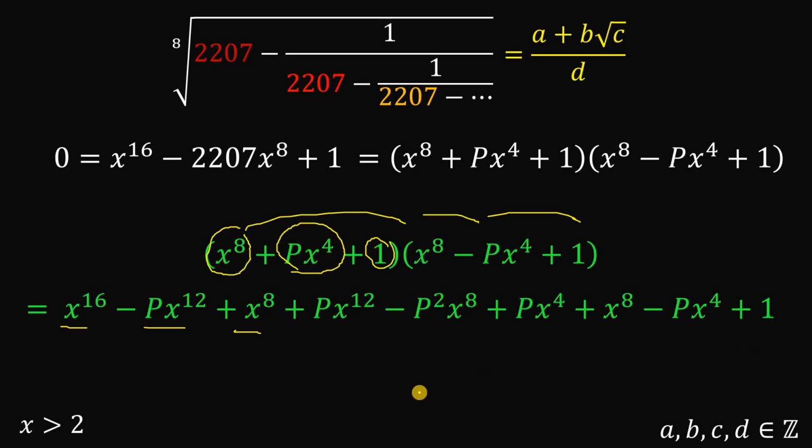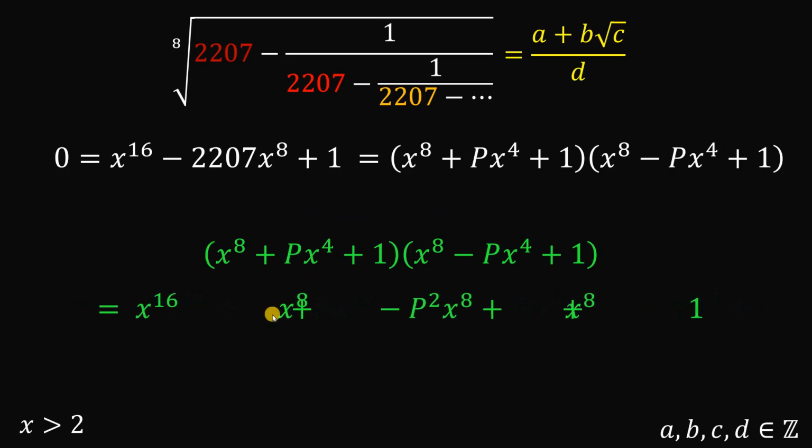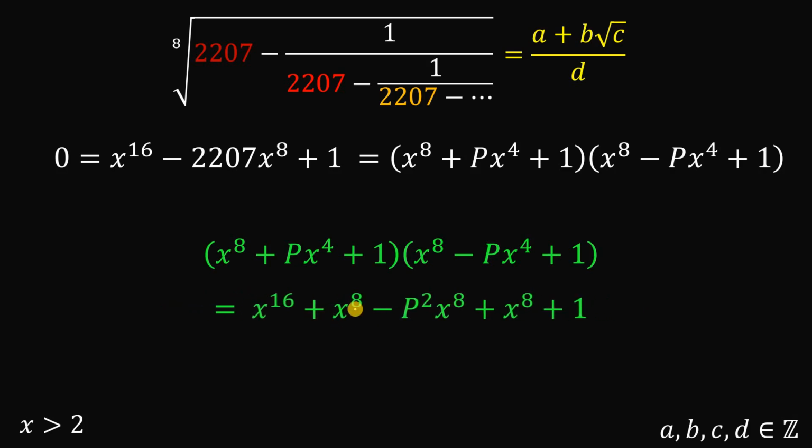Now, as you can see, a lot of terms cancel out, like negative px^12 and positive px^12. Another is positive px^4 and negative px^4. So what's left is x^16 plus x^8 minus p^2x^8 plus x^8 plus 1.